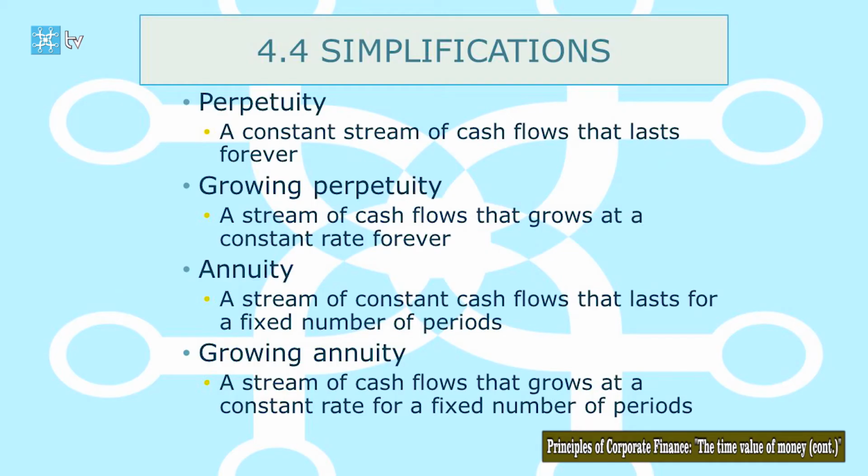Some perpetuities may grow year by year. That's not constant, so we need to make some adjustments to our formula. We'll see it. And an annuity is a stream of constant cash flows that lasts for a fixed number of periods. As it says here, cash flows are fixed, constant. Also, annuities may grow.